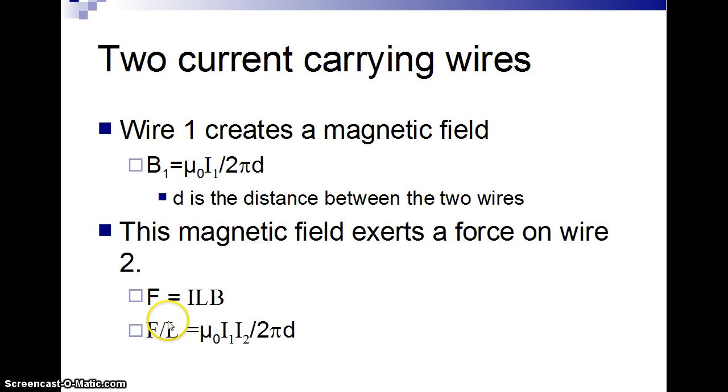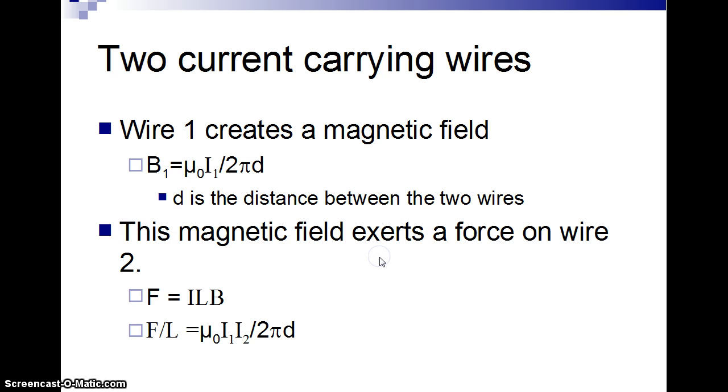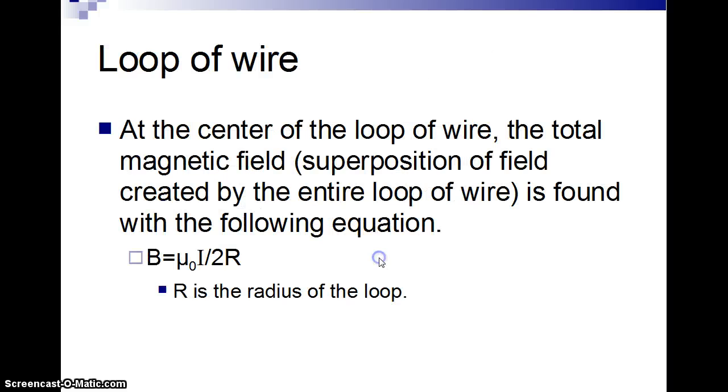So if we look at the force per unit length, it's mu 0 I1 times I2 over 2 pi d. That result is for two parallel wires. It's going to be an attractive force when the currents are going in the same direction, and a repulsive force when they're going in opposite directions.